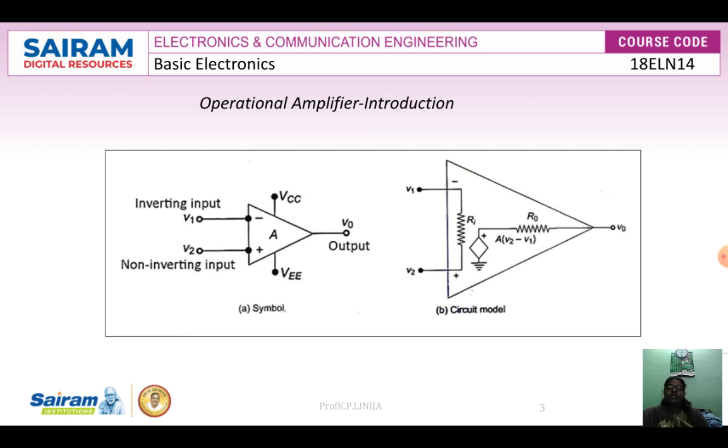Now let us discuss the symbol of the op amp as the circuit model. The op amp symbol is a triangular form, and we have given two input terminals. The input terminals are named the inverting input and the non-inverting input.